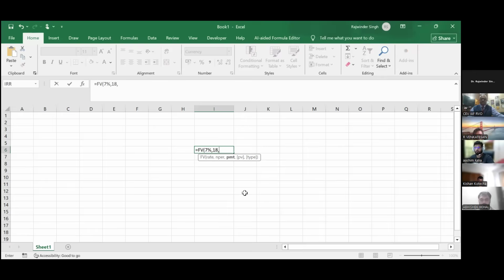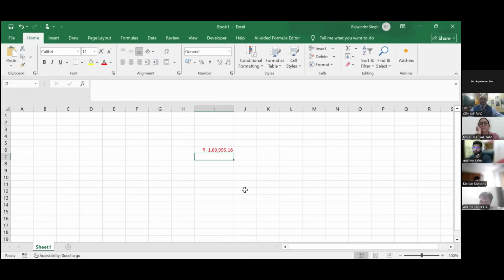PMT means how much amount you are depositing every year. Now here PMT is given, PV is not given to you. Just put a comma for that, and by default it is 0. Put 0 here. Approximately 1,70,000.